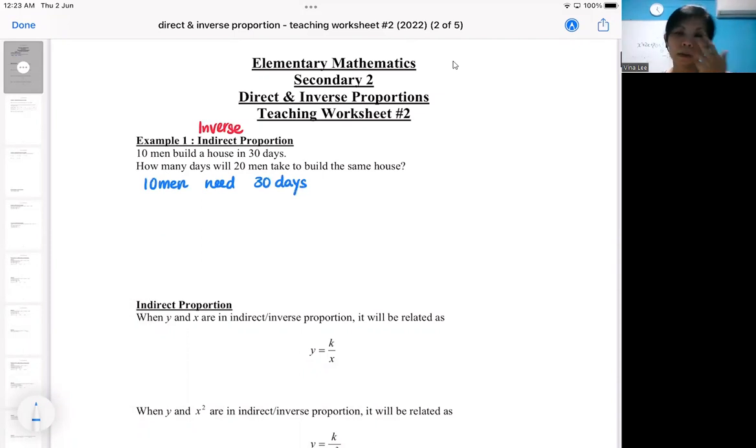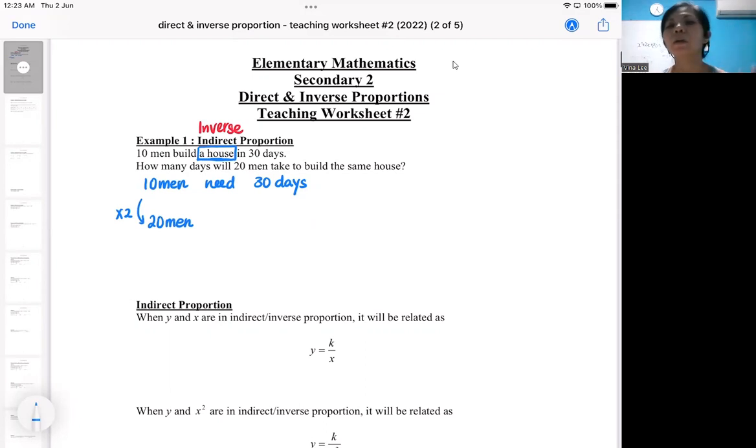Now when I have 20 men, I double up my manpower. Because the house stays the same, the work for the house doesn't change. If it's a renovation or the building of a house, it is the same amount of work.